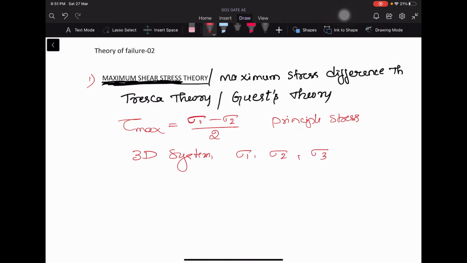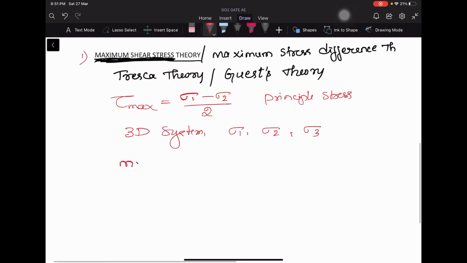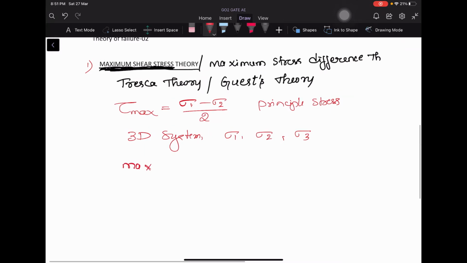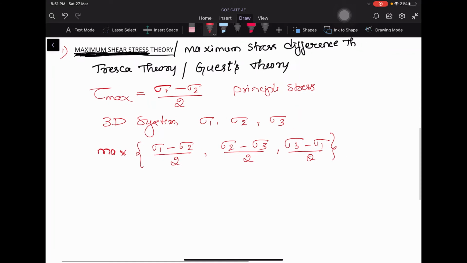So the formulation for maximum shear stress theory would be, you need to select the maximum among sigma 1 minus sigma 2 divided by 2, or sigma 2 minus sigma 3 divided by 2, or sigma 3 minus sigma 1 divided by 2. So the maximum out of these three should be less than the tau y. This is the yield stress.